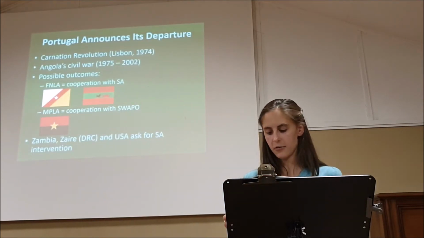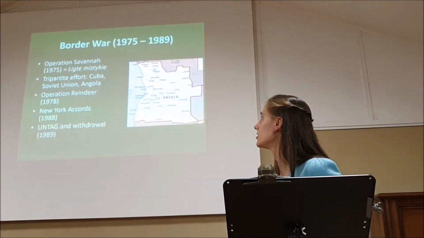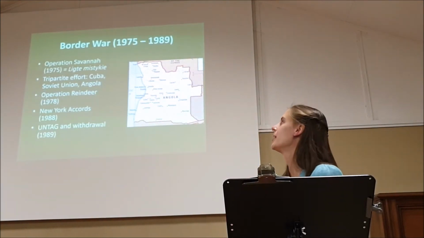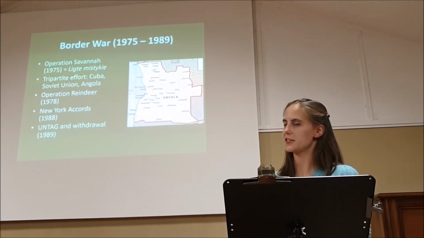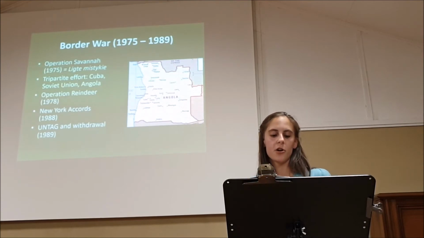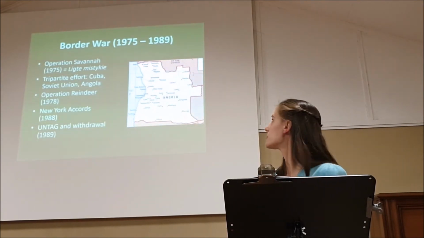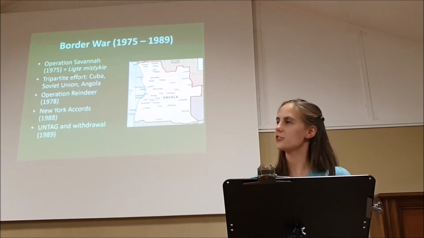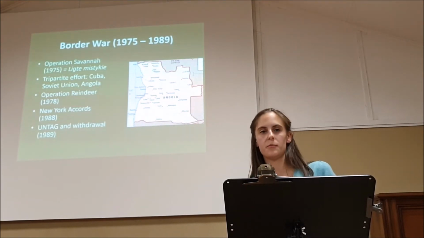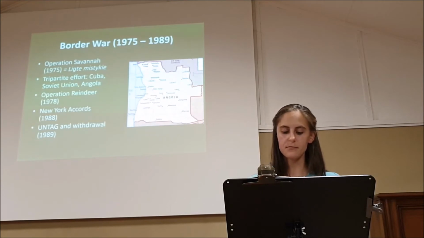So this is how we get to the beginning of the second part of the border war, Operation Savannah. Operation Savannah, 1975, was the first incursion deep into Angola by South African forces.